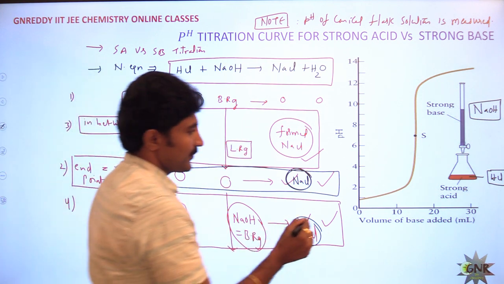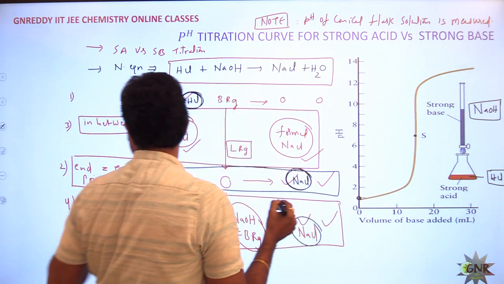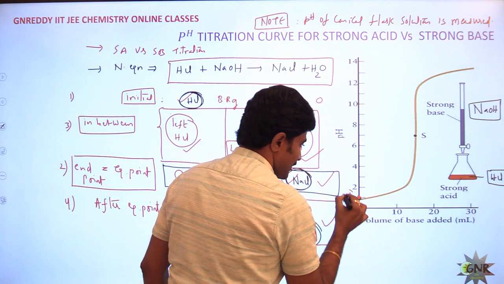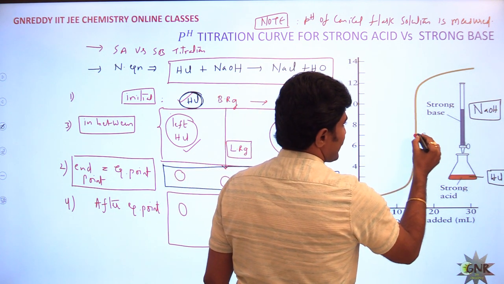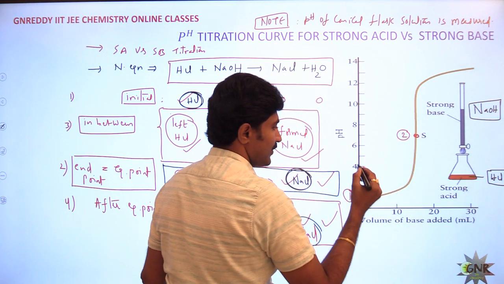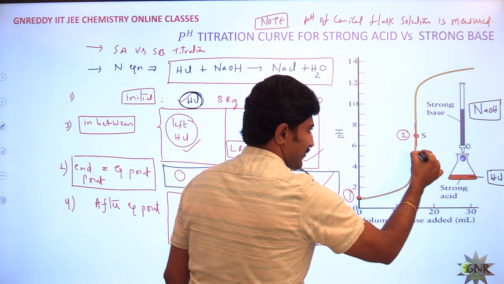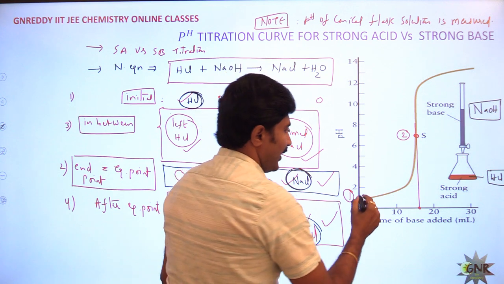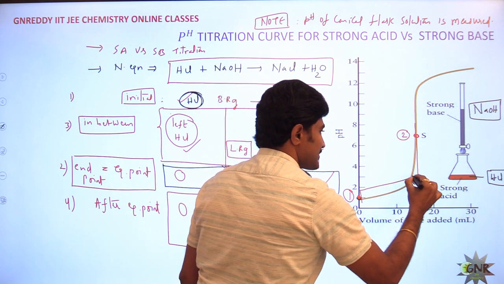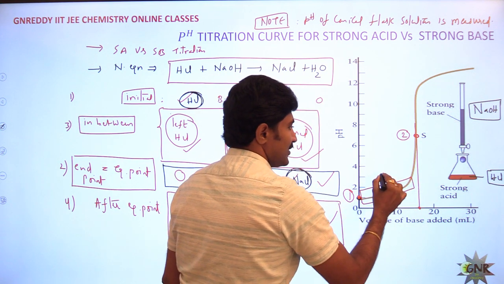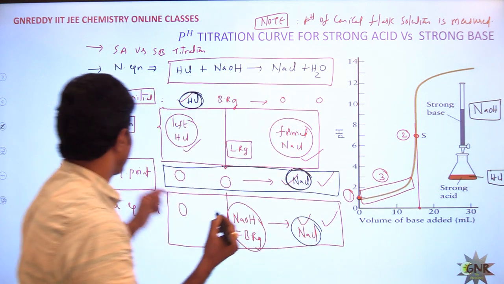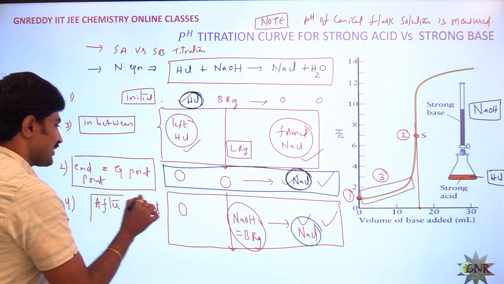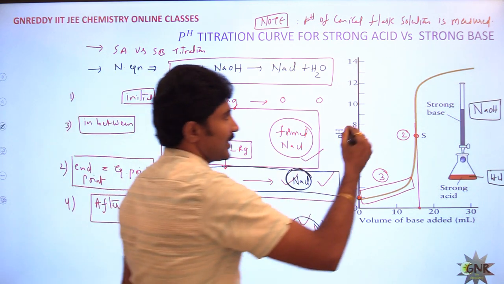So here this is the first case, the initial case, and this is the equivalence point. Let's say the second calculation, this is the equivalence point related. And in between the initial and equivalence point, this is one more calculation, the third calculation, the in-between calculation, and finally after the equivalence point one more calculation.